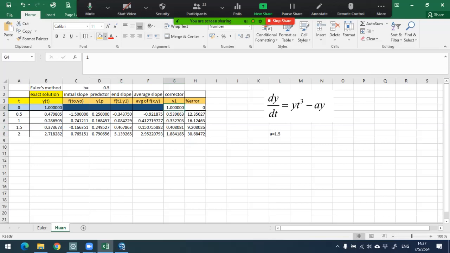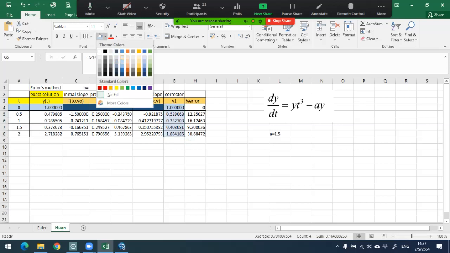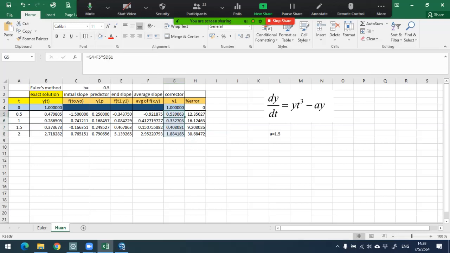This is the initial value, and after we finish the next step, for this case the step of 0.5, then the value at the step of 0.5 becomes the next initial value, and we use this value to forecast the value for the next time step. Okay, that's all for the Heun method. Do you have any question?